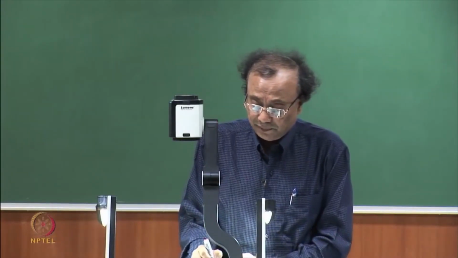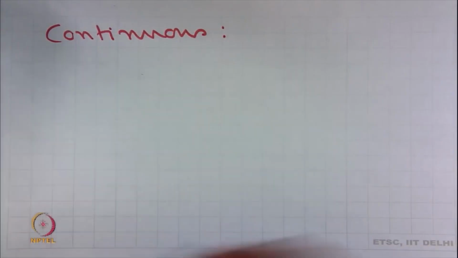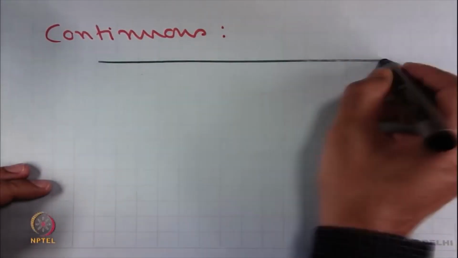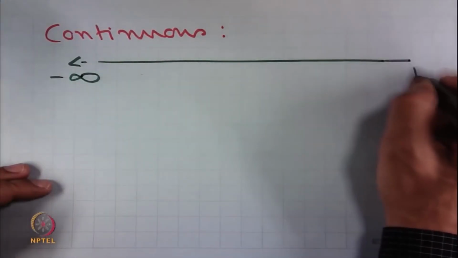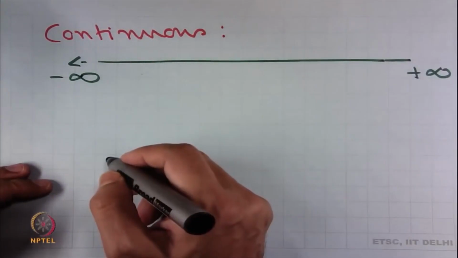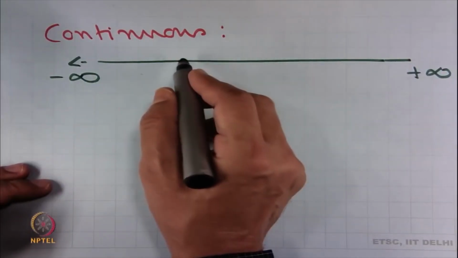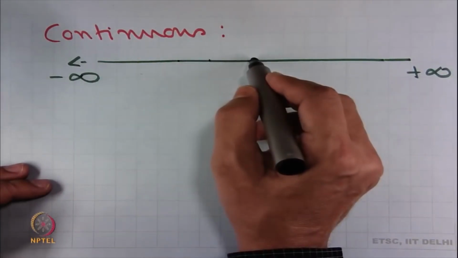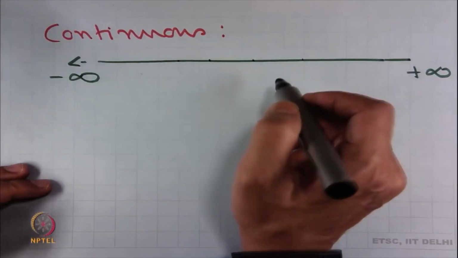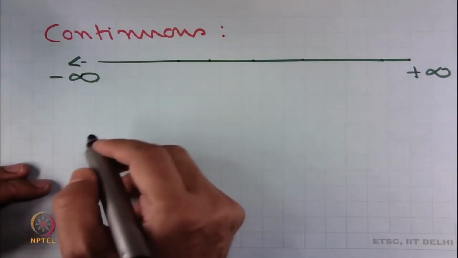For a continuous random variable, we assume that it is spread over the entire real line, minus infinity to plus infinity, and therefore, it does not make sense to assign a value to each one of them, because the total probability has to be 1.